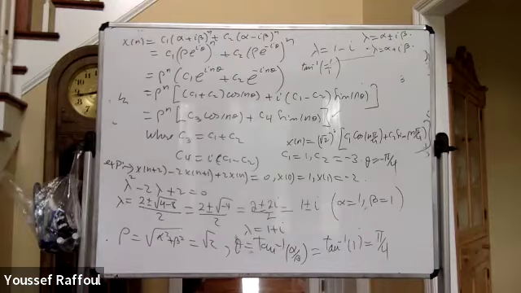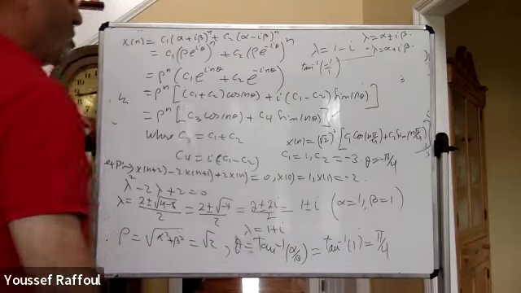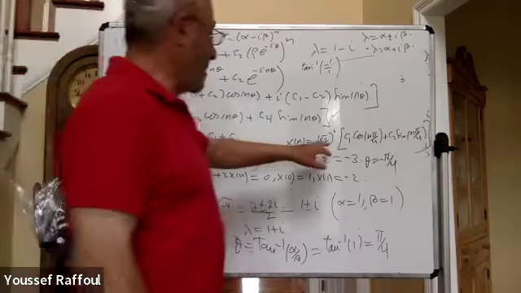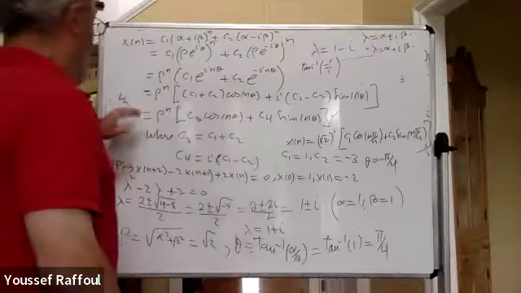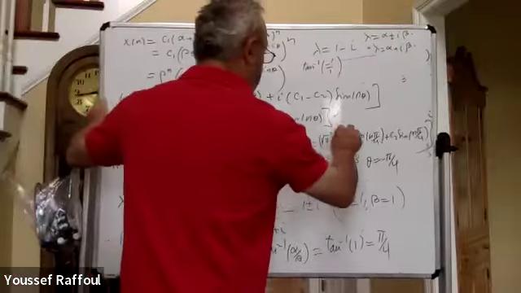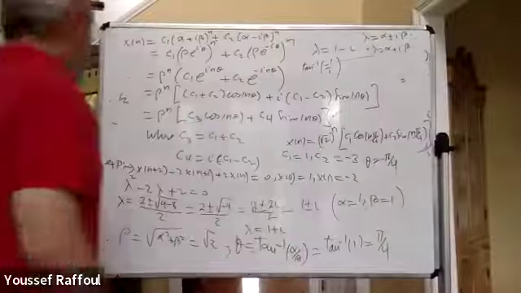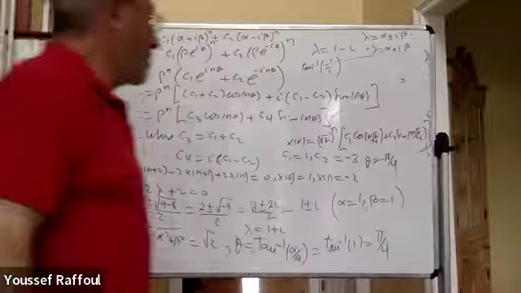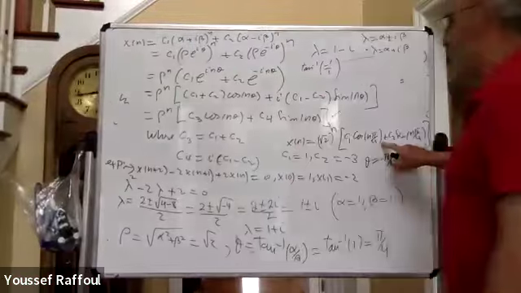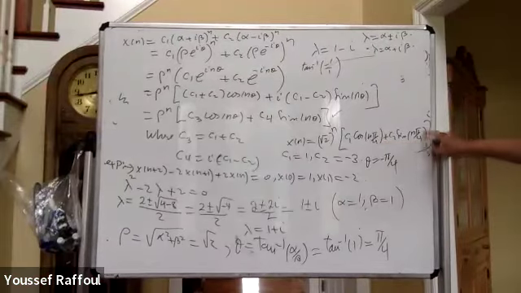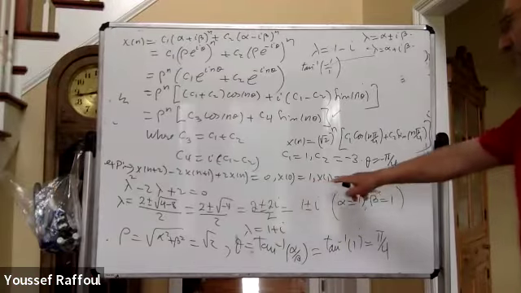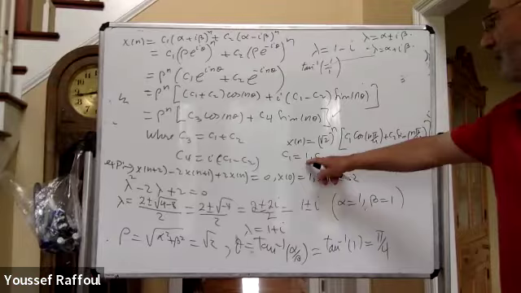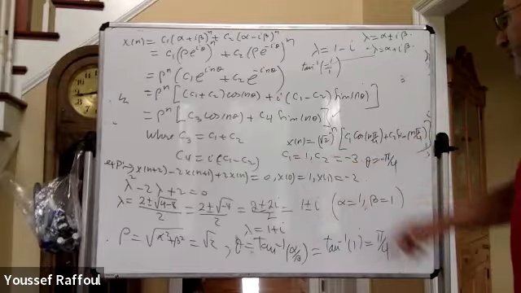Then we wrote down the solution, x_n equals square root of 2 to the power n, that is rho. Sorry, this is to the power n, that is a typo. And C1 cosine n pi over 4 plus C2 sine n pi over 4. And then if you evaluate x0 equal 1, x1 equal negative 2, you get C1 equal to 2, C2 equal to minus 3.